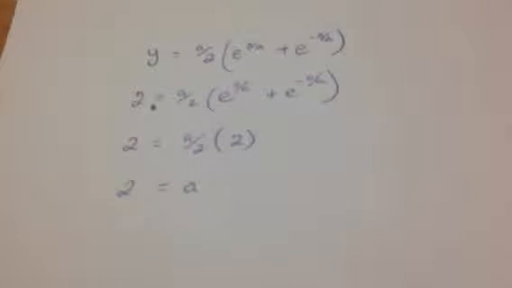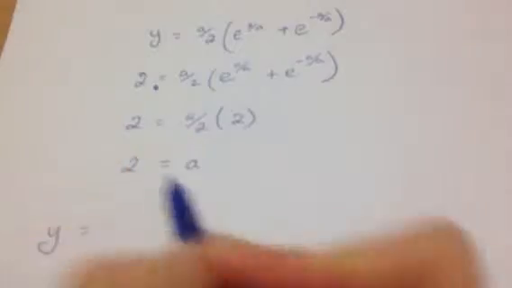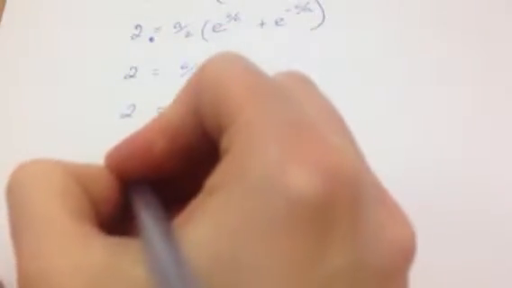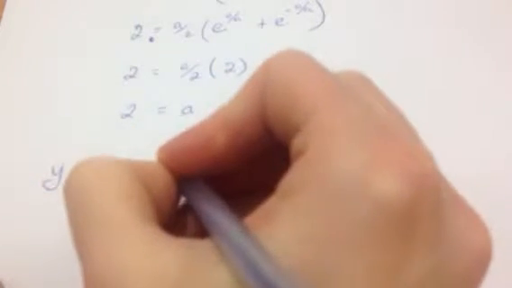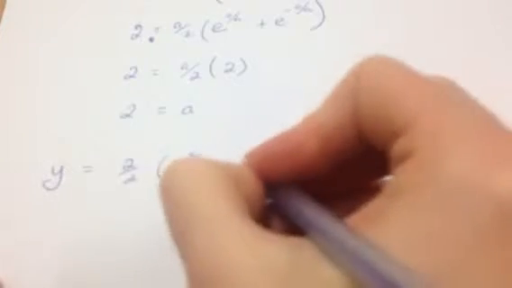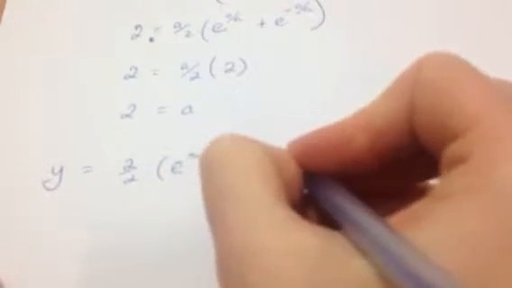Part 2, find the height of the chain above level ground when the value of the x coordinate is 3. So when you know the x coordinate is 3, if you get the y coordinate, well then that's your height above ground. X is how far across, y is how high up. So again, I'm looking for the y coordinate, y is equal to a over 2, I know that's 2 over 2, times (e to the x over 2 plus e to the minus x over 2).